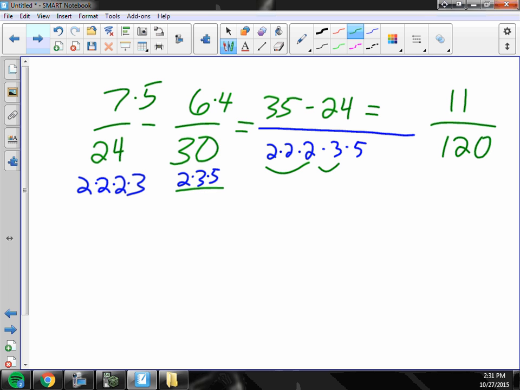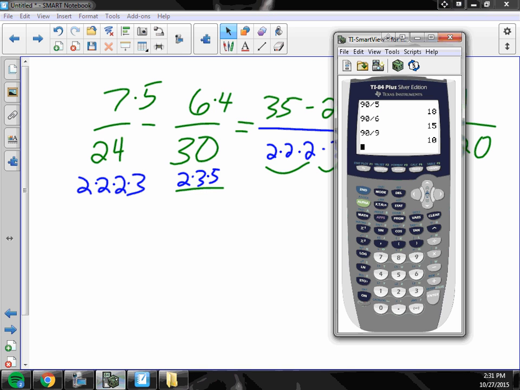If I did it the other way, I would have ended up with 7 times 30, which is 210, and then 6 times 24. So 210 minus 144 is 66, and that would have been over 24 times 30, which is some big number, and it's going to simplify.